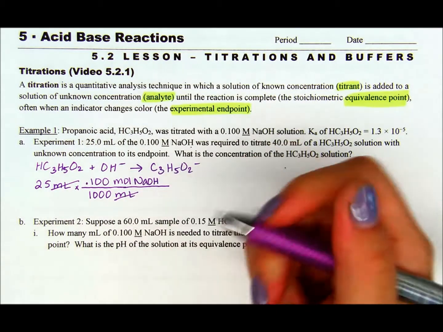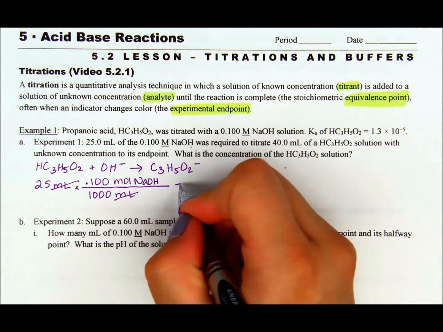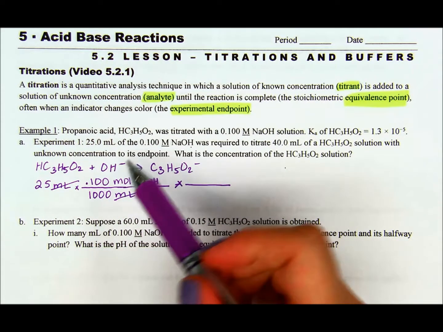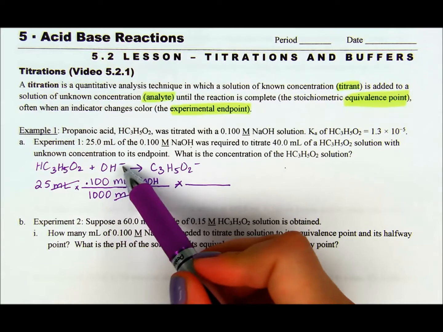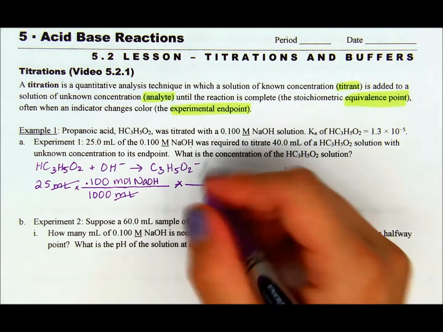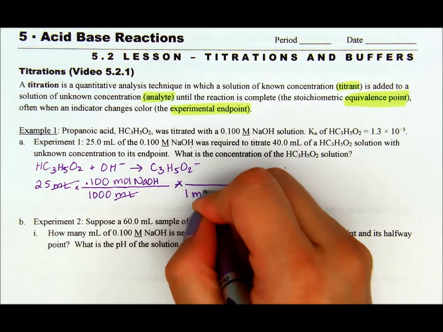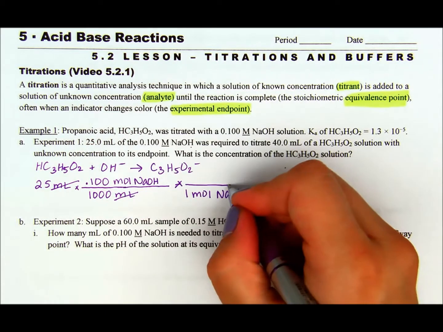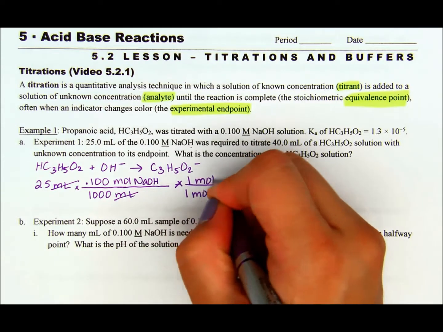My milliliters cancel out. And then we know that it takes 1 mole of NaOH to neutralize every 1 mole of acid. So I'm going to go ahead and use my mole ratio here. So 1 mole NaOH, or just OH minus, same thing, for every 1 mole of propanoic acid.